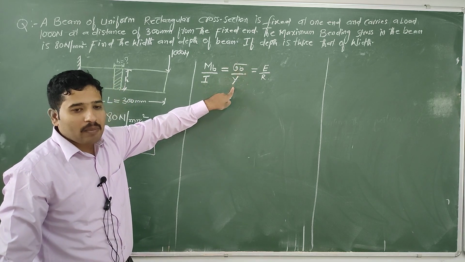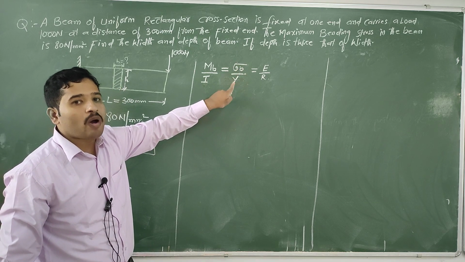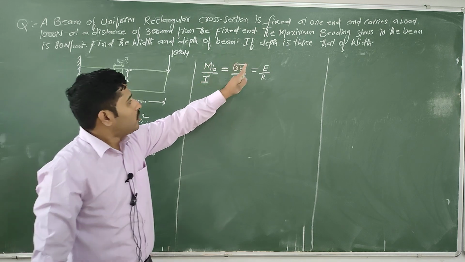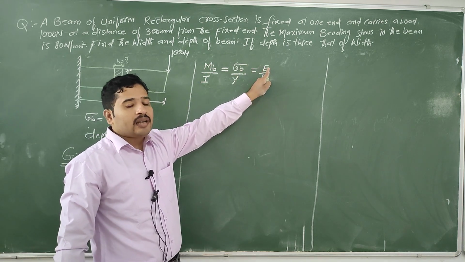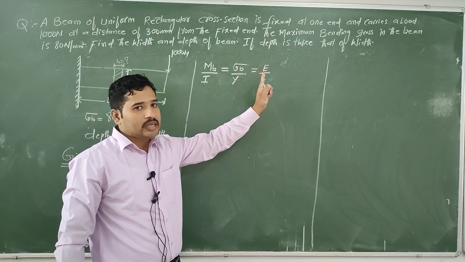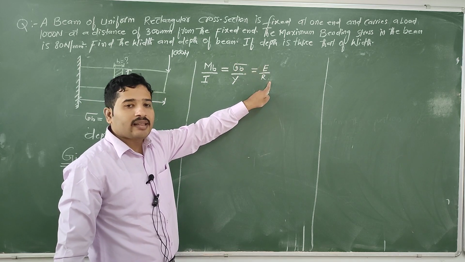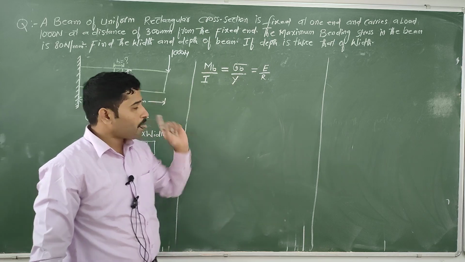Y is nothing but the distance of the extreme outer fiber. E indicates the modulus of elasticity, and R indicates the radius of curvature.